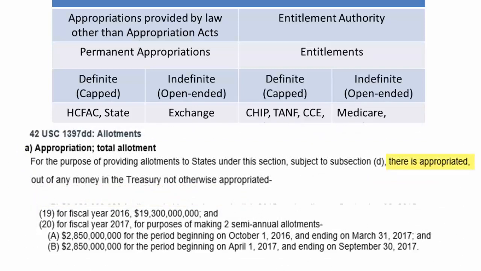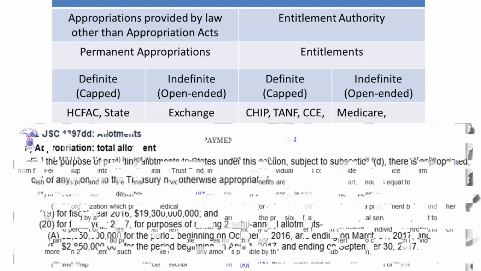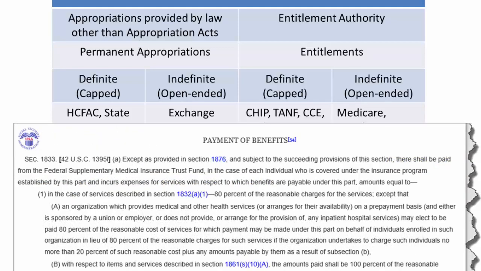CHIP language is "there is appropriated out of any money in the Treasury not otherwise appropriated." The Medicare example is a bit different. Note the language "there shall be paid from the Federal Supplementary Medical Insurance Trust Fund."